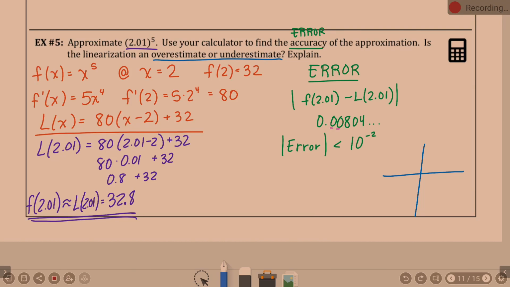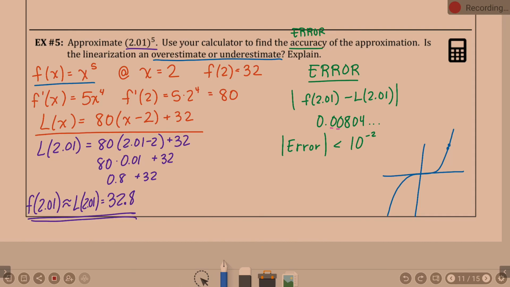Well, it really has to do with concave up versus concave down. Our function was x to the 5th. You guys know what x to the 3rd is, yes? X to the 5th is a similar graph, but just flattened out more at the origin. The higher the power, the more it flattens out. So if we're looking over here at 2, then 2.01 is going to be just a little bit farther.